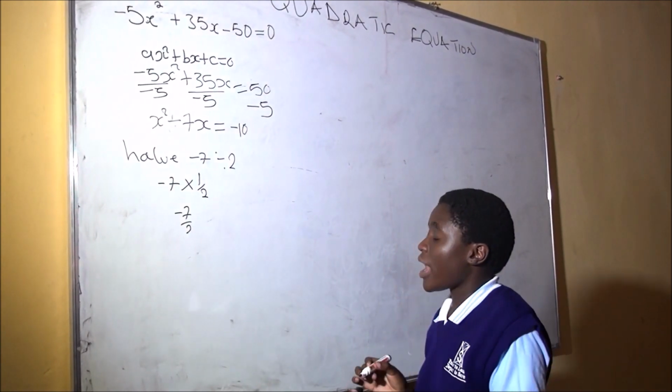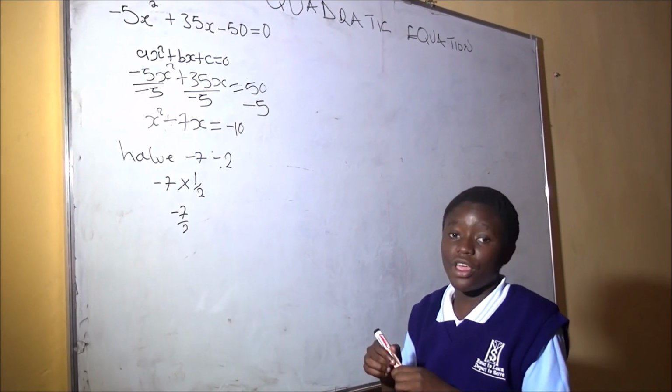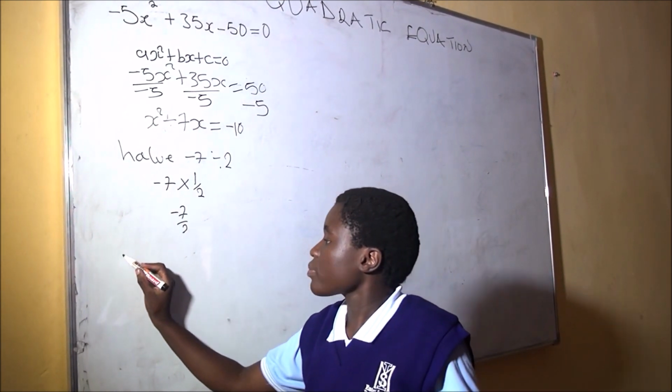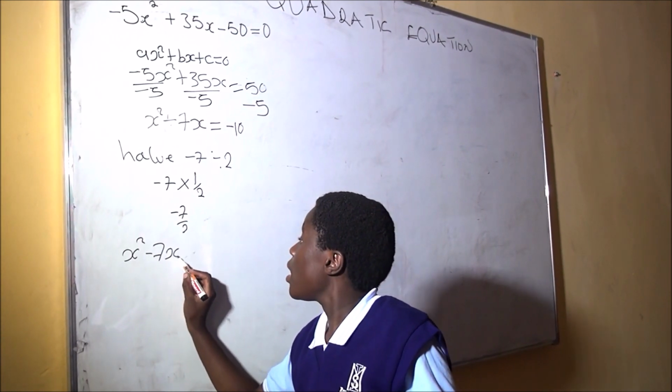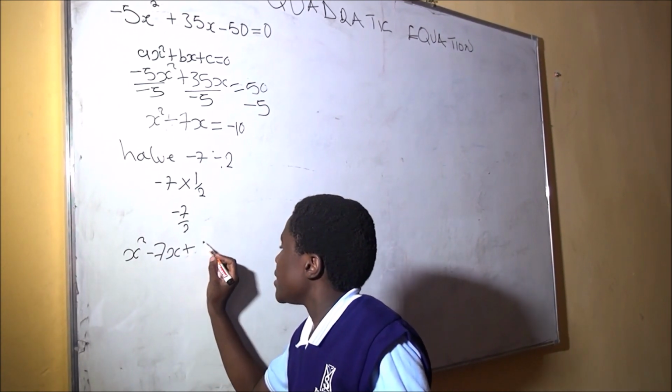Then we're going to add this half to both sides of the equation, which is x squared minus 7x plus the half that we found.